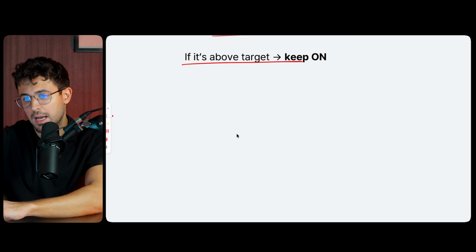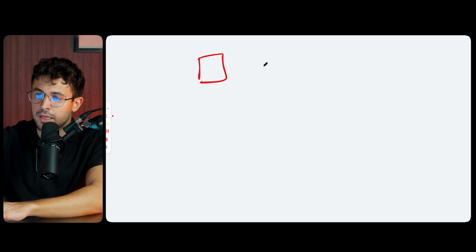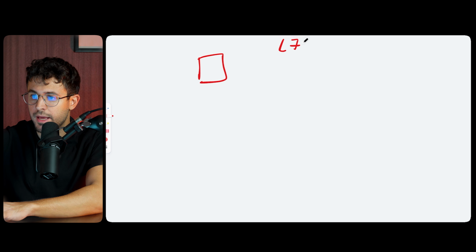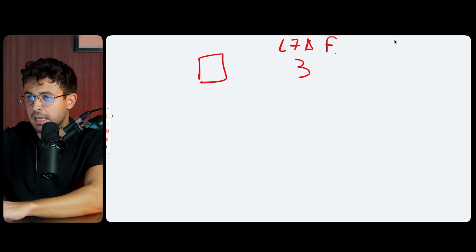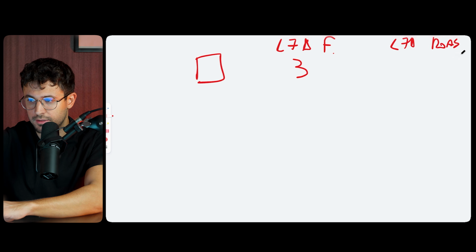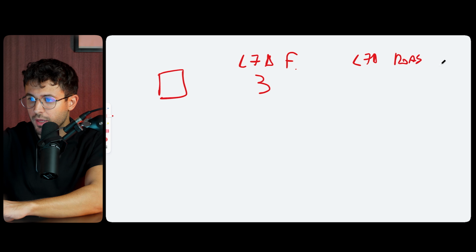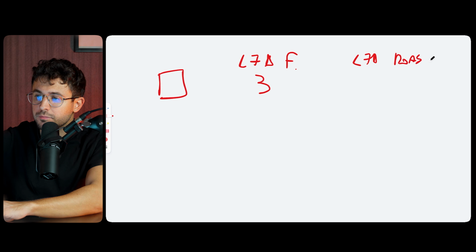So let me give you some examples. Let's say you have this ad here, and the last 7-day frequency is 2. Actually, let's say it's 3. And the last 7-day ROAS, let's say ROAS now, but it can be something else as well, like the CPA.